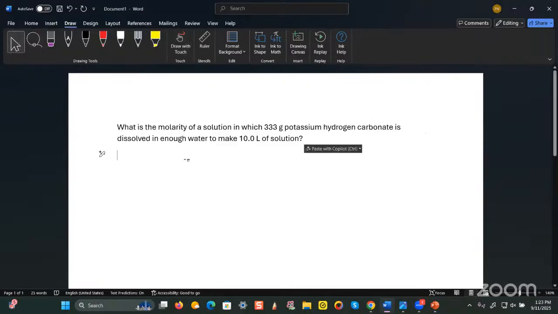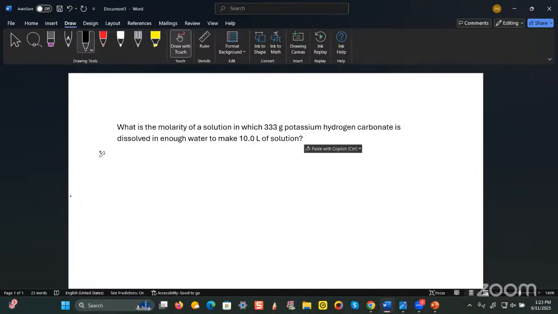Okay, so this question is asking, what is the molarity of the solution in which 333 grams of potassium hydrogen carbonate is dissolved in enough water to make a 10-liter solution? So let me hear your ideas about this one. You guys should be able to do this one. They gave you the mass of the potassium hydrogen carbonate, and they gave you the volume of the water.